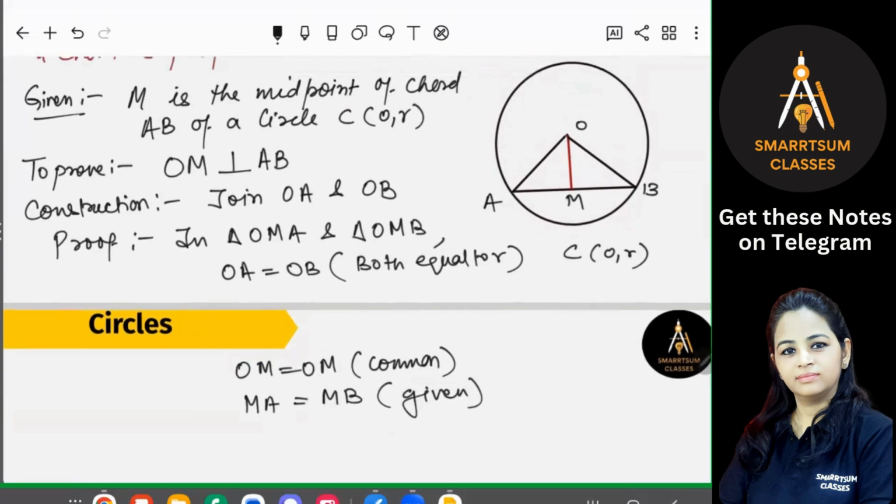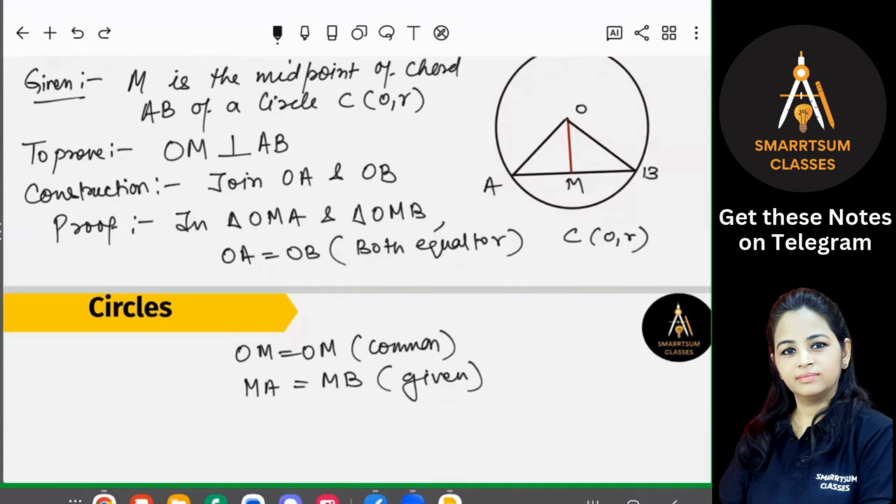So you can see that all the corresponding sides of the triangles are equal. OA is equal to OB, OM is common, and MA is equal to MB. So all three corresponding sides of the two triangles are equal. That means both triangles are congruent to each other. By which congruence criteria?